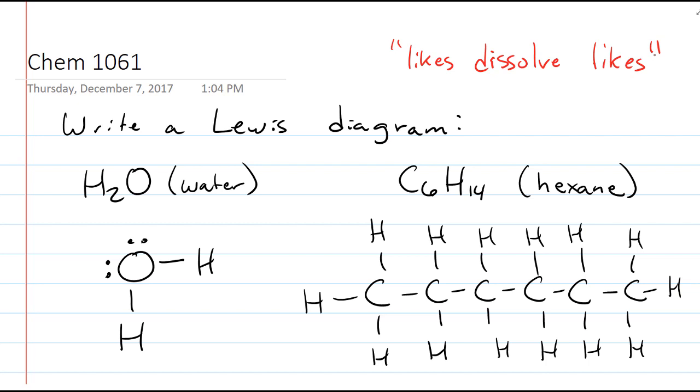So what I can do here with this is I can go ahead and take some of these liquids. This one here is the hexane. And I can add it to this one here, which is the water. And of course, the water being more dense, where is it going to go?